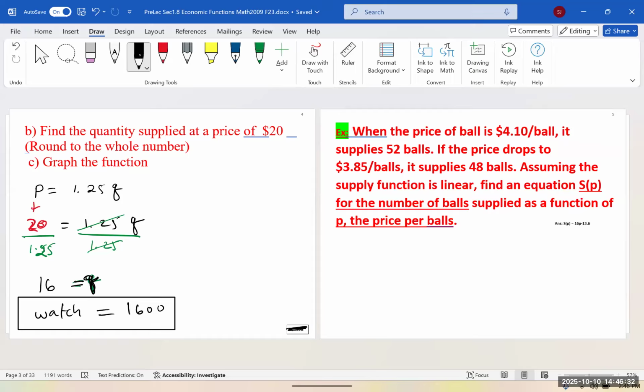So what do you have? 48, 49, 50, 51, 52, so 4 on the top. And do you know how to subtract decimals? If you don't, let me refresh your memory. You have $4.10 and you're subtracting $3.85. Come on.